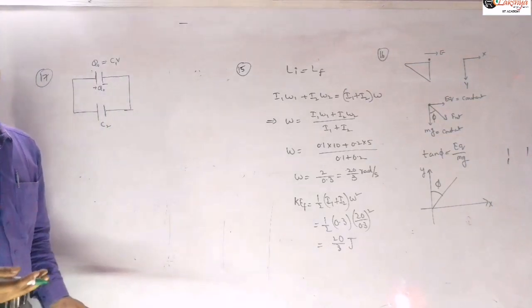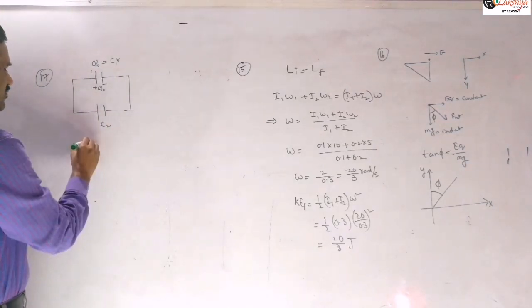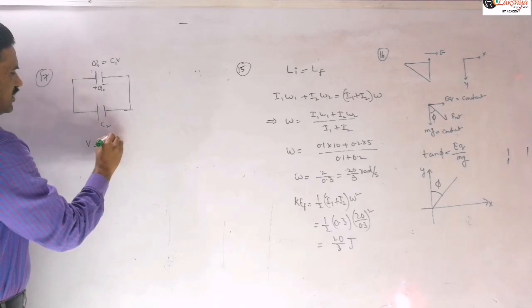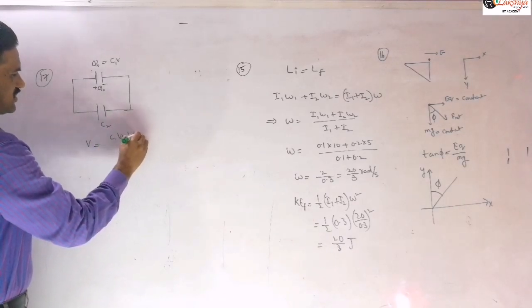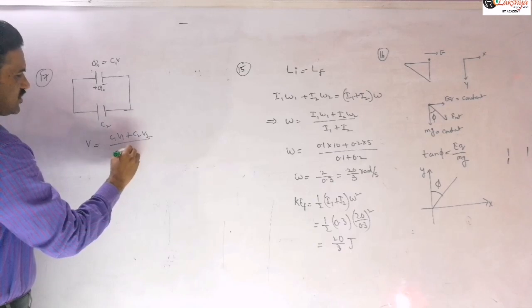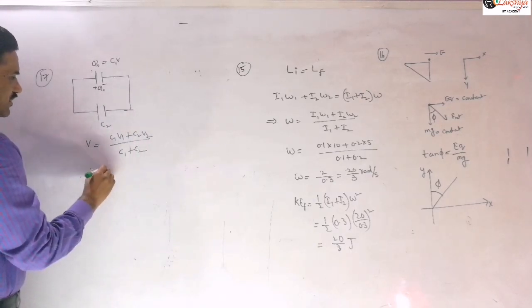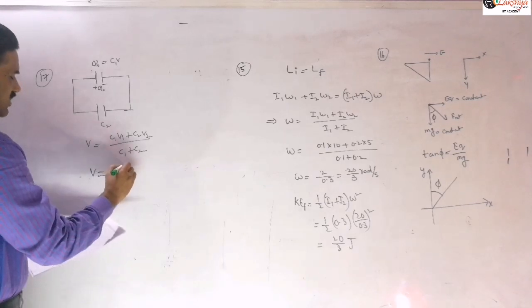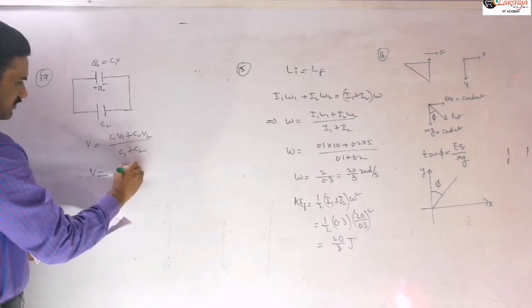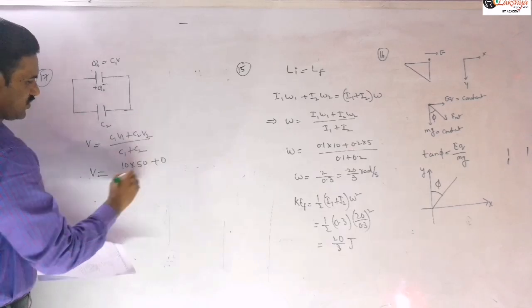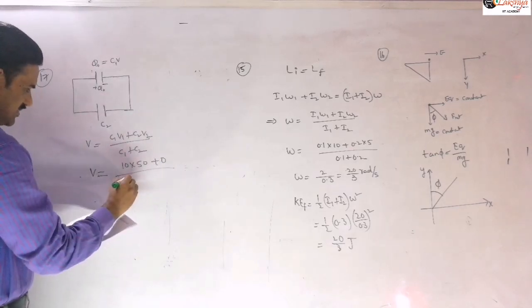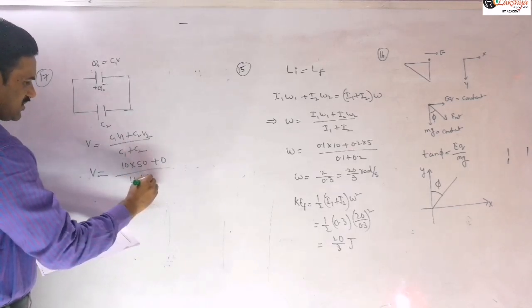Now the common potential we know is C1 V1 plus C2 V2 by C1 plus C2, right? Here C1 V1 is 10 into 50 plus 0, since this is uncharged, over 10 plus C2, right?